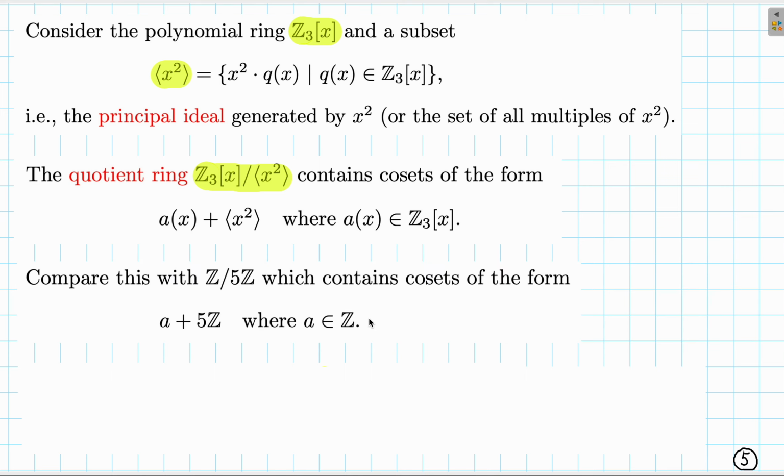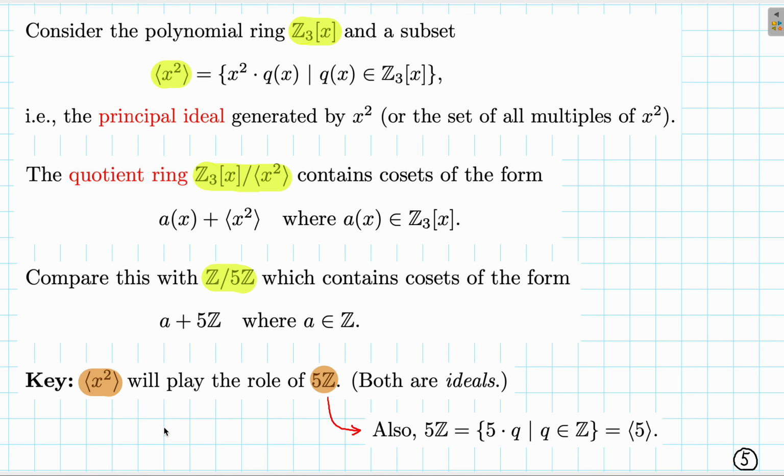Now, we can compare this with Z mod 5Z, which contains cosets of the form a + 5Z, where a is an integer. And in the quotient ring involving polynomials, ⟨x²⟩ will play the role of 5Z in Z mod 5Z.